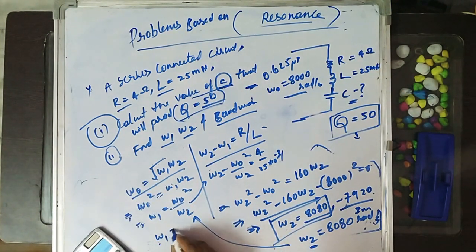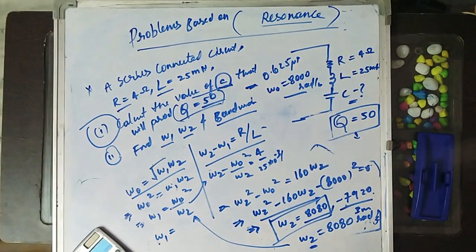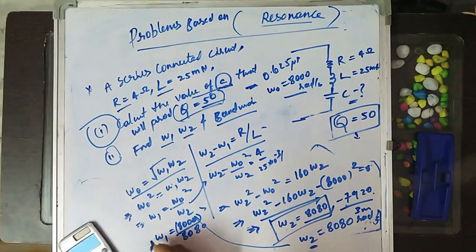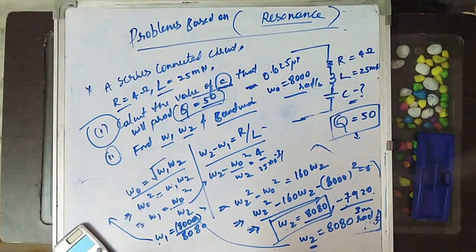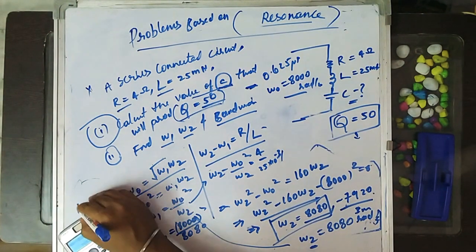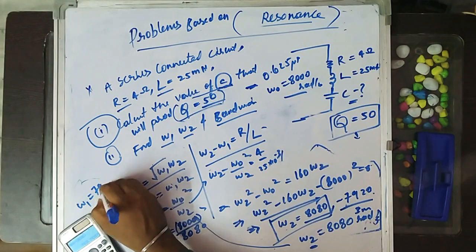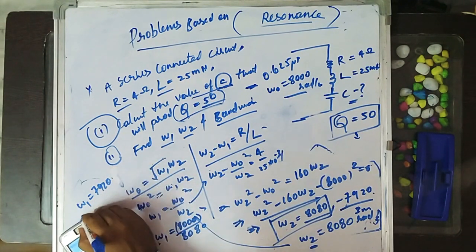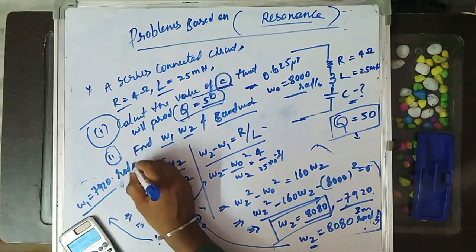You are getting omega 1 equal to 8000 square by 8080. After solving this, you will be getting omega 1 equal to 7920 radians per second.